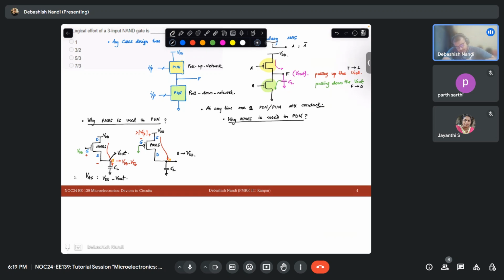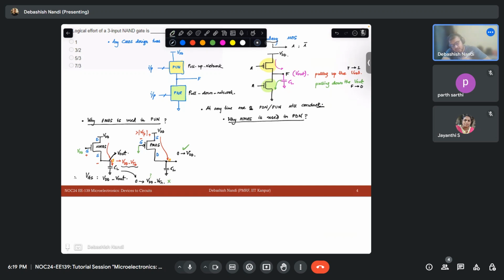So that is why in this case I am getting a signal swing at the output of 0 to VDD minus VTN, whereas in the other case I was getting full swing. In this case I was getting a reduced swing. Okay, so this is not preferred.